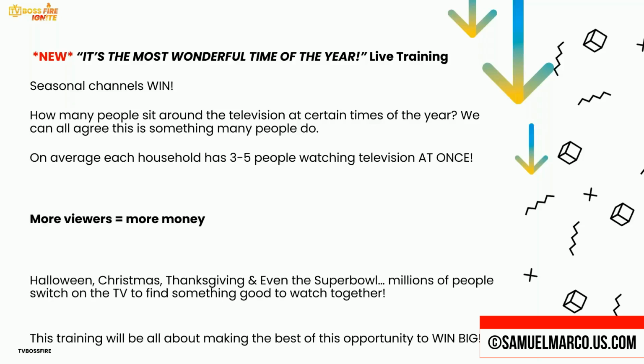There's Halloween, Christmas, Thanksgiving, and even the Super Bowl, like I mentioned. There's millions of people who switch on the TV to find something good to watch together. Now, this training will be about making the best of this opportunity to win big. Seasonal channels win. Some people are already saying, I love seasons. Christmas is so big, says Alden. Yeah, so there are some wins to be had, not just from the Great Roku Purge, but also from seasons.